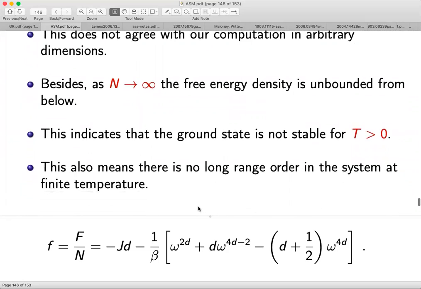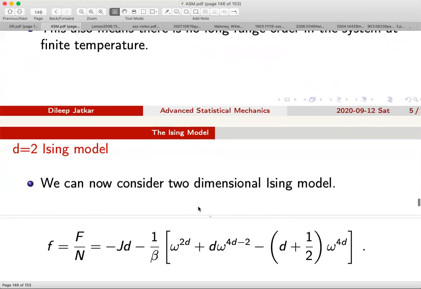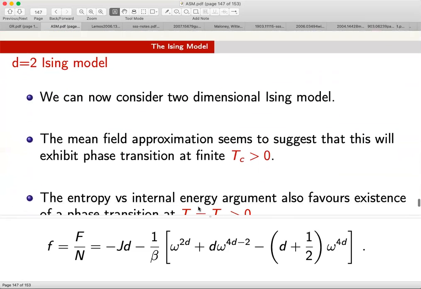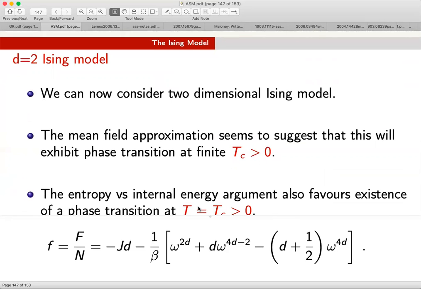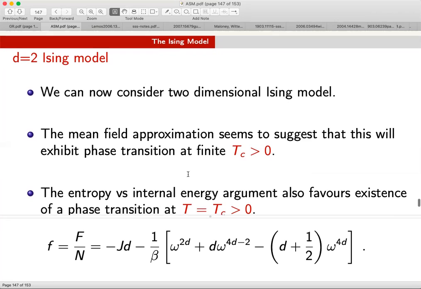Yeah. Okay. So now let's go over to the 2D Ising model. But before we actually do the 2D Ising model, we do a small detour of the 2D Ising model itself, but not really solve it to start with.